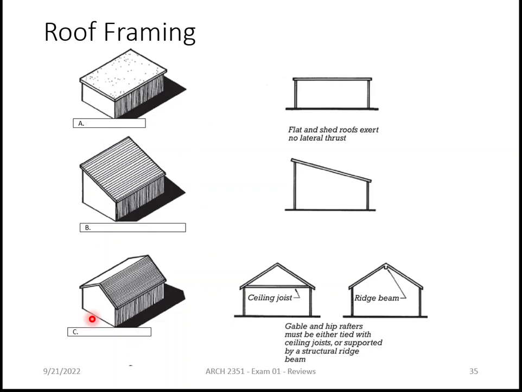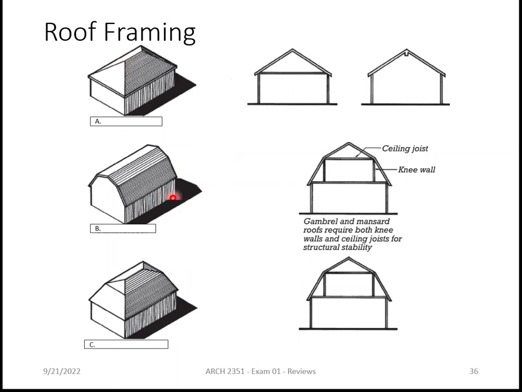What's the A here? Hip. What's the B? Gambrel, G-A-M-B-R-E-L. Actually, these words are in the slides. I just covered them up for this so that we could take guesses. And then the last one, mansard.